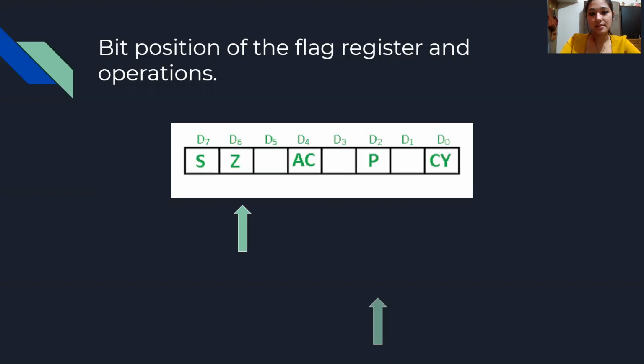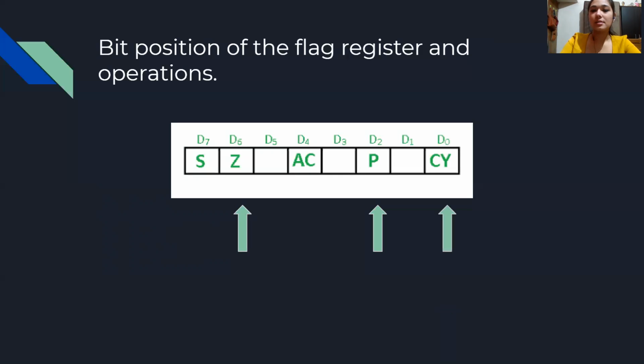The second is the parity flag register. So if the result in the accumulator or any other register that we have viewed for comparison has an even number of ones in it, that is the parity is even, then this flag will be set, otherwise it will remain reset, which is the 0 state of it.